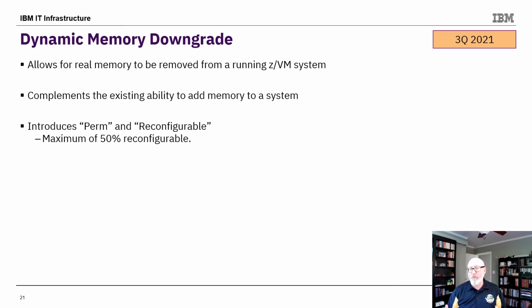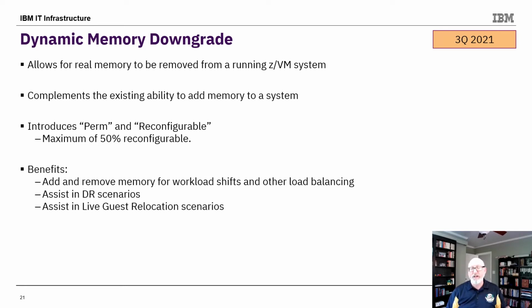With this support, you can add memory as permanent or reconfigurable. Now, obviously, once you define something as permanent, you can't take that away and you can't change that to reconfigurable, okay?